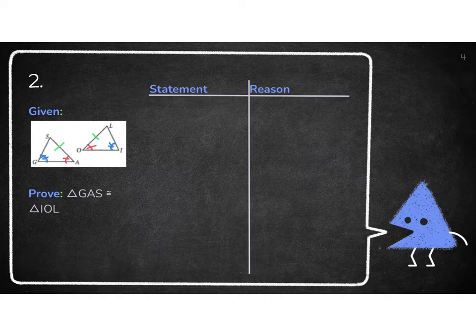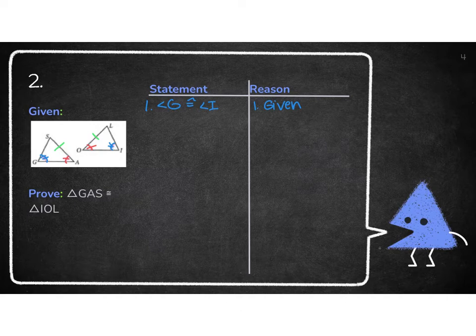So we are going to start with our statements. I'm going to start with what was marked. So angle G was congruent to angle I. And the reason it was given to us, in that picture, it was marked.